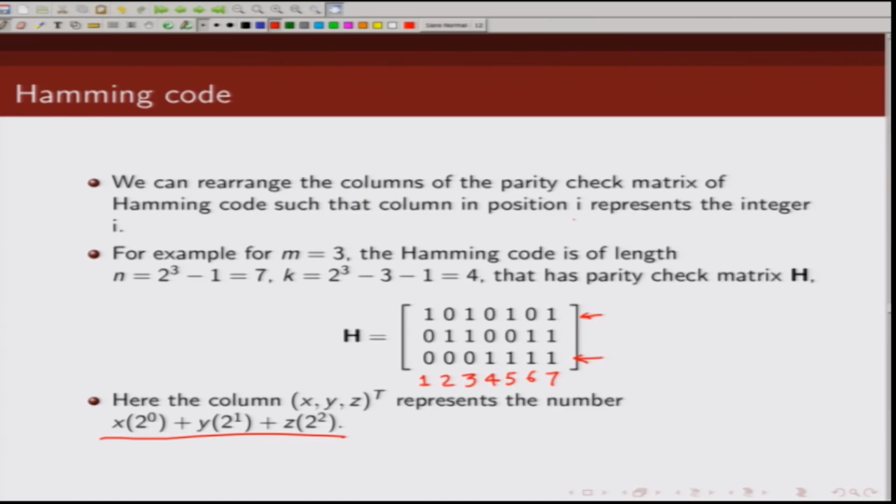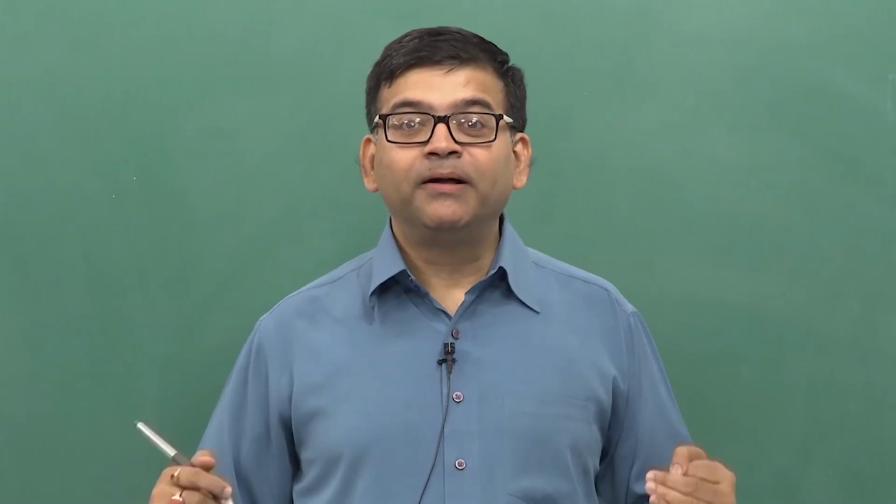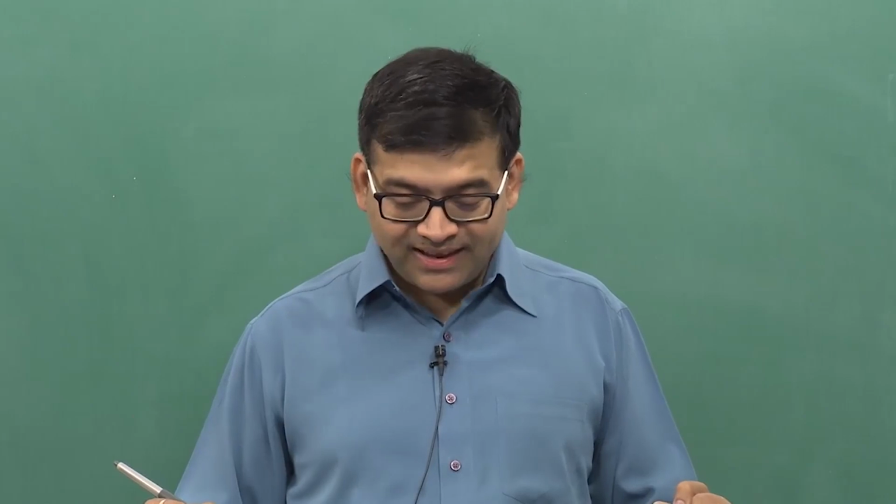Now, if I do that, then let us see how this helps us in locating the position of the error. So, let us say R is my received n-bit vector, and I am interested in knowing whether R is in error, and if R is in error, because it is a single error correcting code, let us say a single error has happened, then I am interested in correcting this single error.